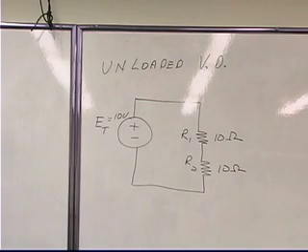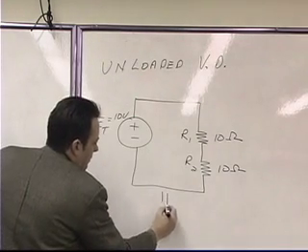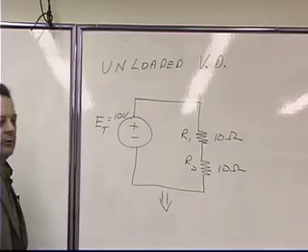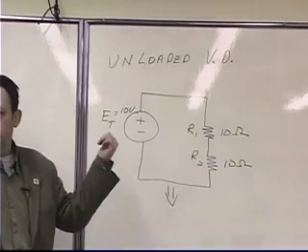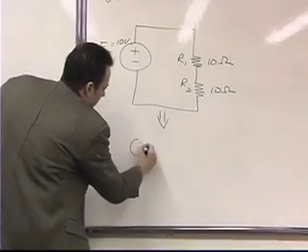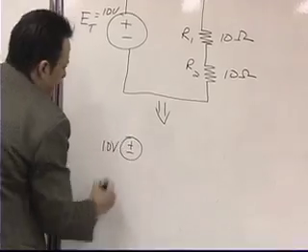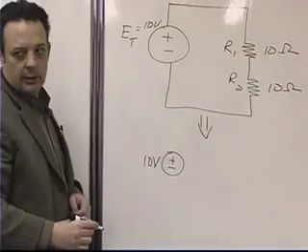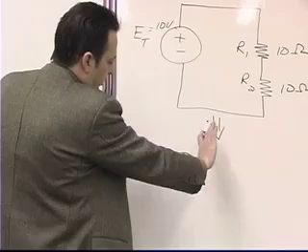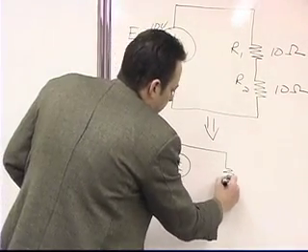Okay? If we were to draw an equivalent circuit to this circuit right here, the equivalent circuit would consist of one battery that had a 10 volt electromotive force, or a 10 volt electrical pressure, and one total resistance.